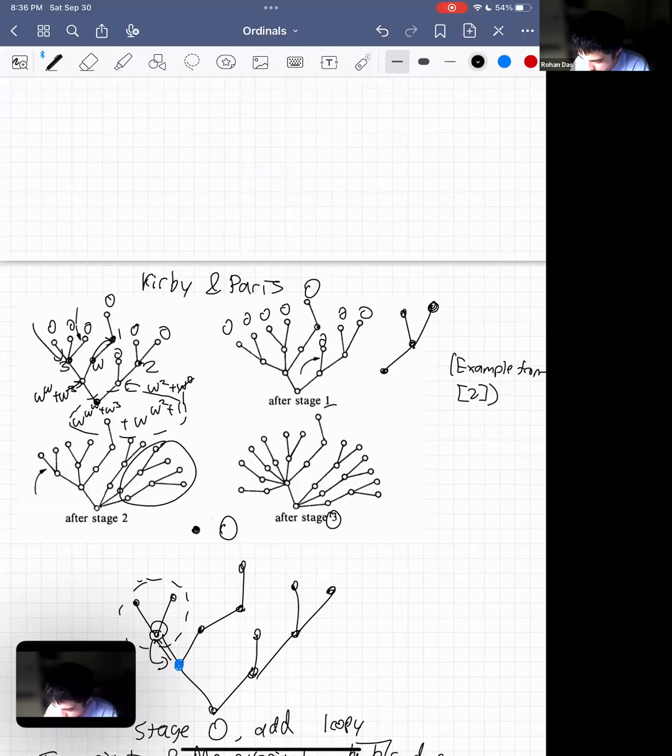So this one is the farthest away from the bottom that isn't already a 0, so it becomes a 1. Then we have omega to the 0 plus omega to the 0, which is 2. We also have 2 here, well, we have omega there, and 2 there.